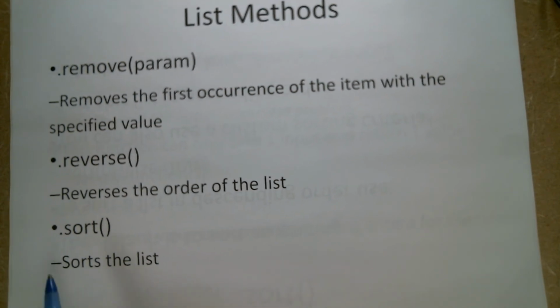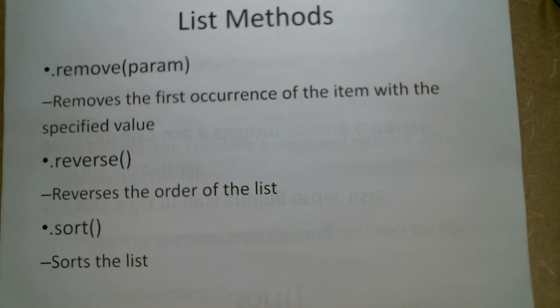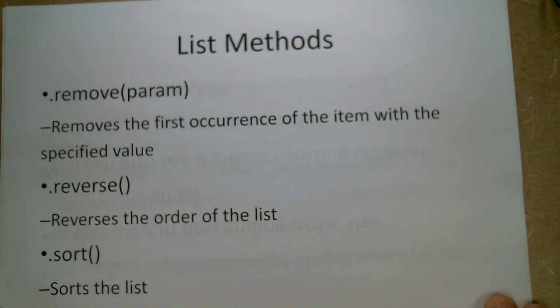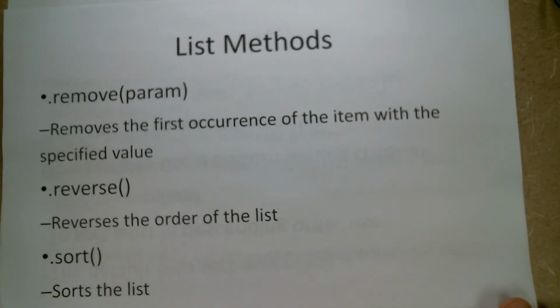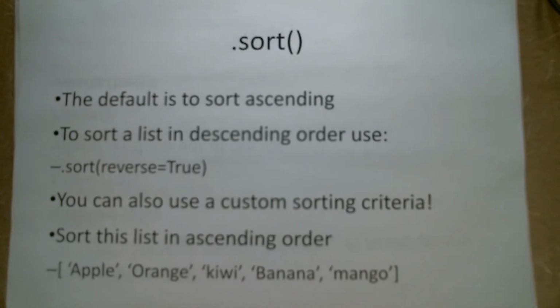Now, the last thing I want to talk about in a little more detail is sort. I kind of said earlier, it puts it in alphabetical order, sort of. So let's talk a little bit more about sort, because that is a particularly valuable one. The default is to sort ascending. So if you just use .sort, it is going to put it in ascending order.